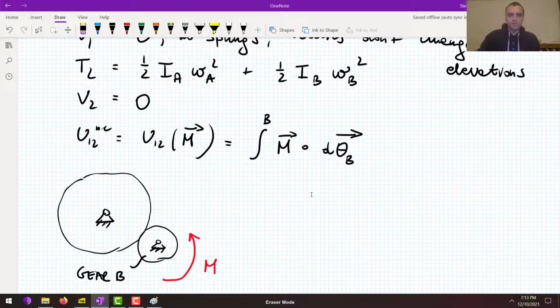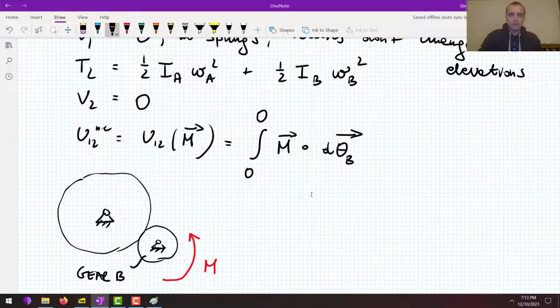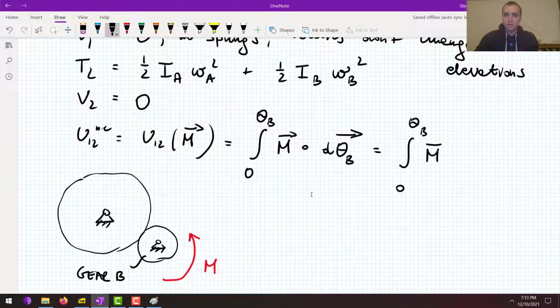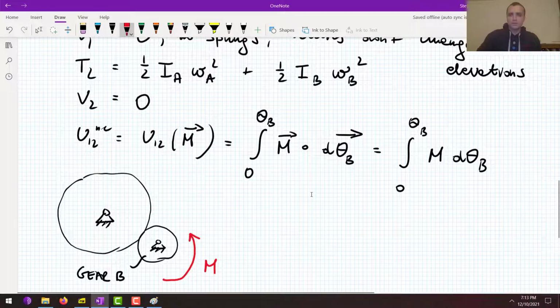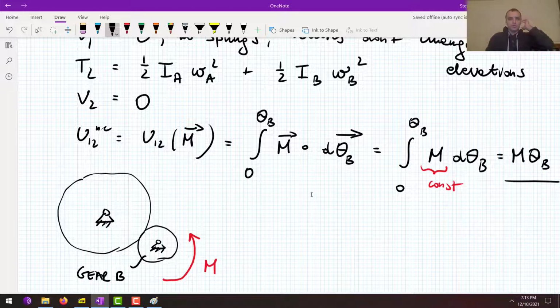So we can put our integration bounds from 0 to some theta B, M d theta B. Oh, sorry, no vector this time. And M is constant. So the answer is just M theta B. Okay, we found our work of non-conservative forces.